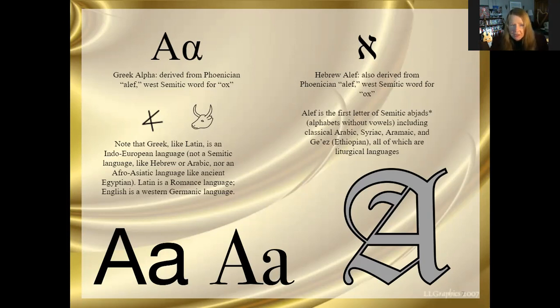Within Indo-European languages, you can break them up even more. So say English is West Germanic. Latin is a Romance language like Spanish, French, Romanian, Italian, some other Portuguese. But the alphabet used comes in a large part from Semitic languages.